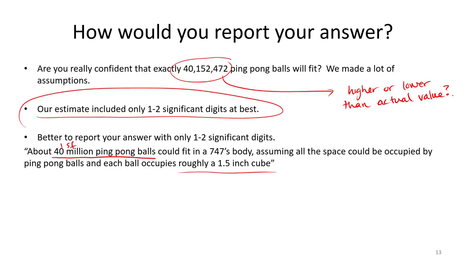We assumed that that entire jet would fill completely with ping pong balls and nothing else would be inside the jet. But in real life, we probably have to have other stuff in there, stuff to support the running of the plane, seats, oxygen masks, other equipment. So most likely, this estimate is on the high side. This estimate is probably higher than the actual number.